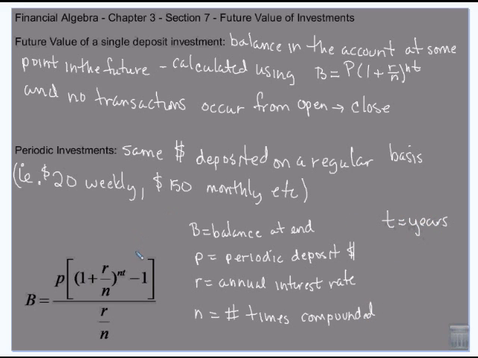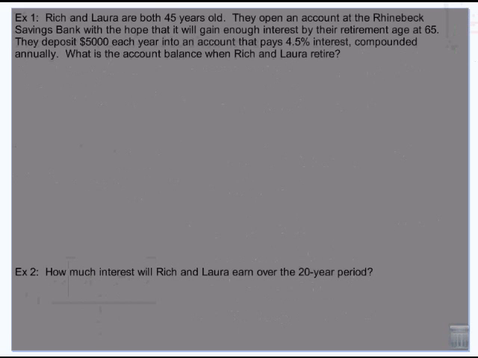So really the only thing that changed was the P. And if you look, what we had before was a capital P. This is actually a lowercase. No, there was a lowercase p too. Never mind, just P. So principal in the normal formula, periodic deposit in this formula.